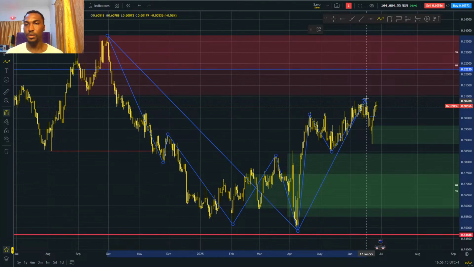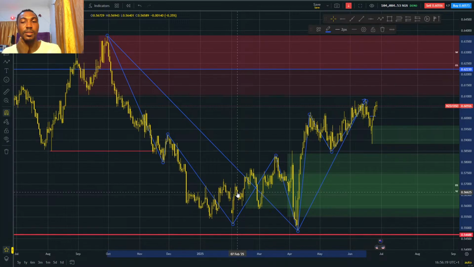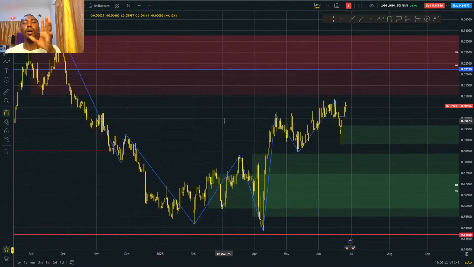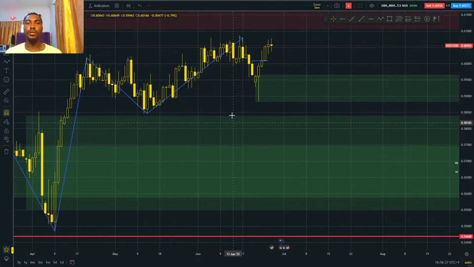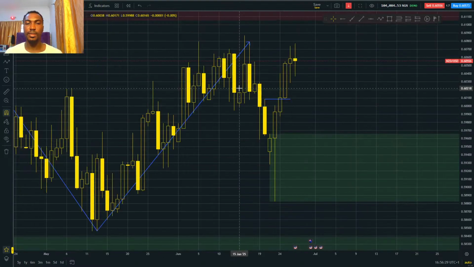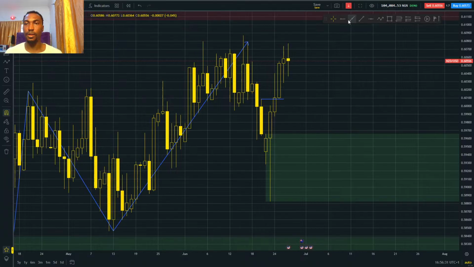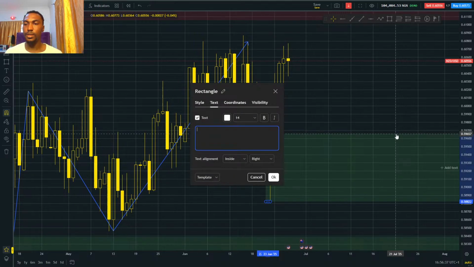So in the 4 hours, this is the structure you will end up finding, like the clearest 4-hour structure. But still on the daily, we're trying to understand the daily nuance. The daily nuance, we're going to look at the very last clear fruits we have here. And this is the clearest fruit we have here, this one. So this, my dear friends, is the daily structure.